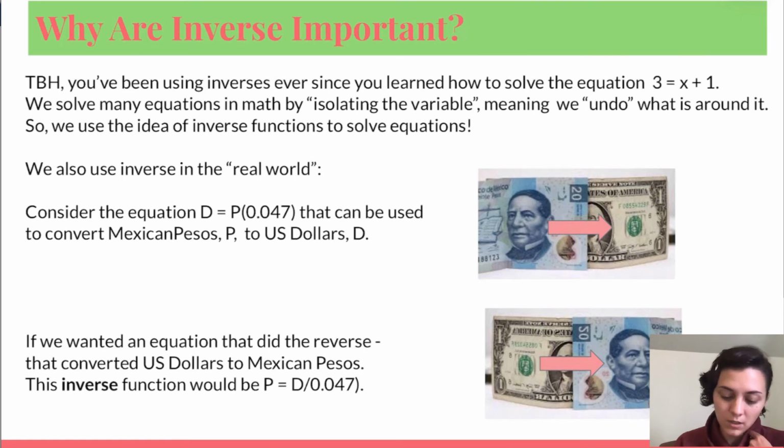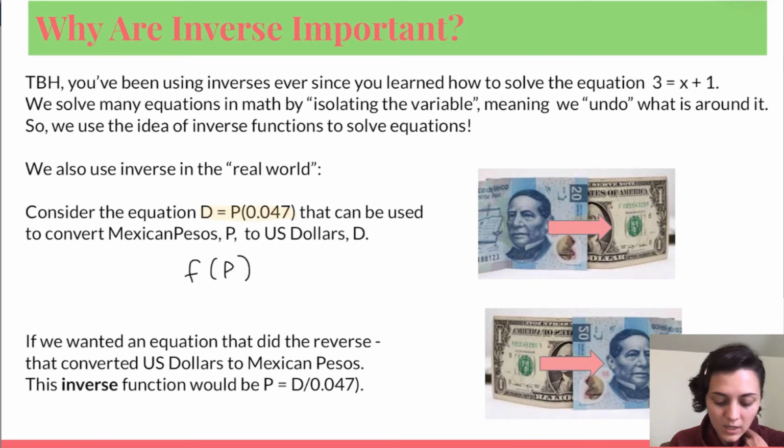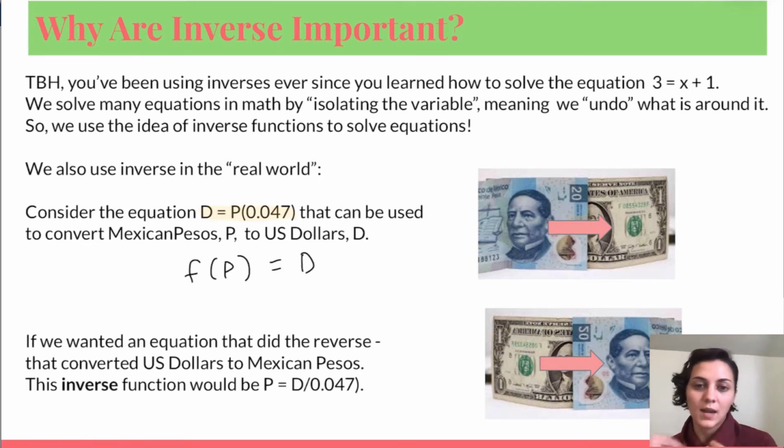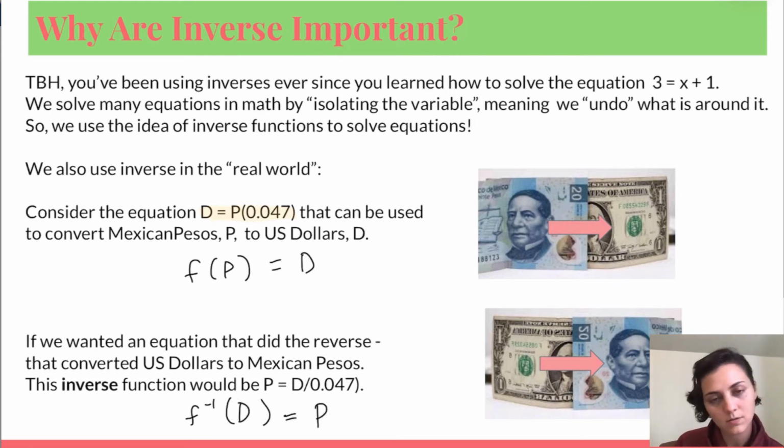So my original equation, which is right there, I can think of this as a function that takes a peso and turns it into dollars, right? So my independent variable here is P, and my dependent variable that I get out is D, dollars. If I wanted to do the opposite, my inverse would take a dollar and turn it into pesos.